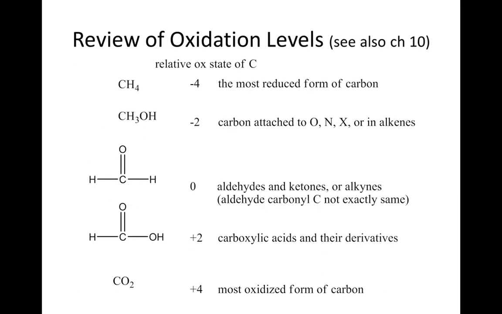And I want to remind you again about where we are in the redox scheme. Carboxylic acids and their derivatives are all at essentially this redox level, almost the most highly oxidized form of carbon, but not quite. If we're going to change from a carboxylic acid to its derivative, we're not changing redox levels.